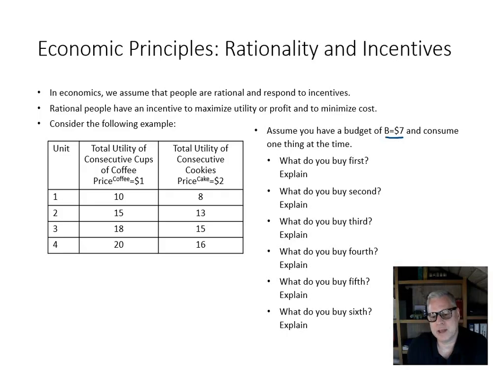And if you had a 3rd cup of coffee, that's good, but slowly you might get tired of coffee, so the incremental or marginal utility is only 3. And if you had a 4th, your total utility of 4 cups of coffee is 20, but the incremental utility is only 2.